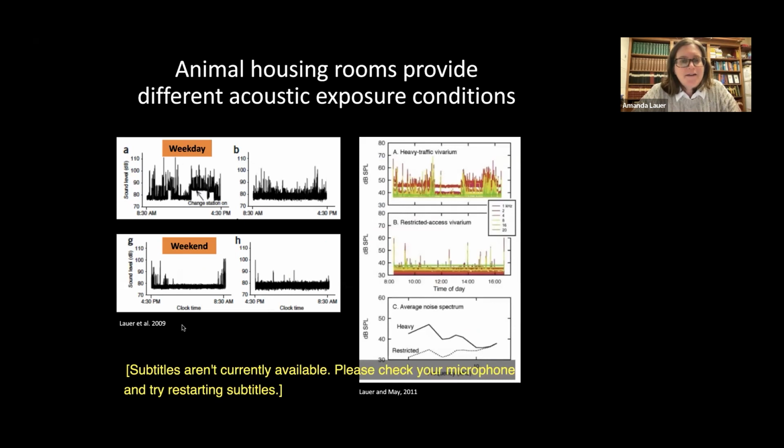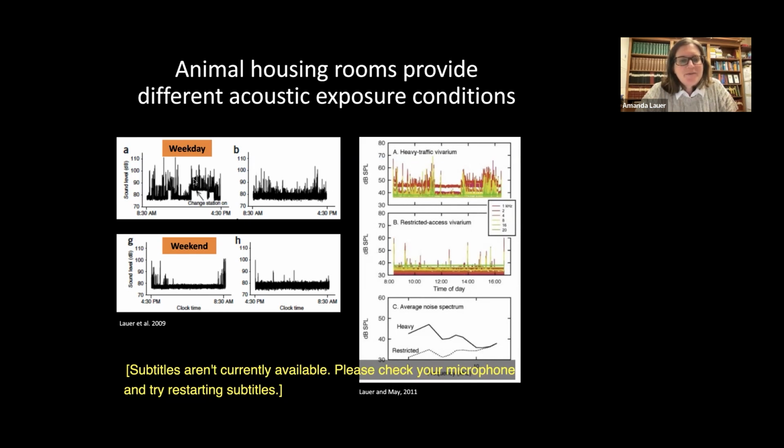Turns out that Johns Hopkins gave us a very nice manipulation for different acoustic exposure conditions for housing and aging these mice. Basically, in the rooms where a lot of animals are housed and a lot of experimenters go in and out, the ventilated cage changing stations, these micro barrier stations, cause a lot of noise for the animals.